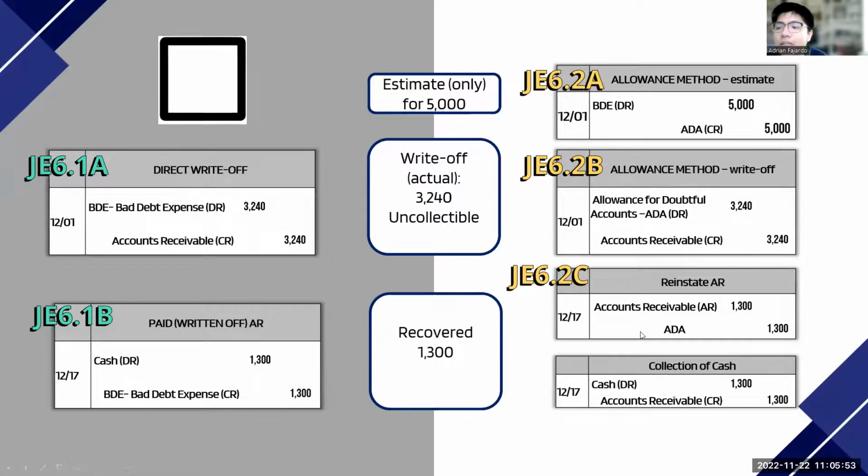Pero kay allowance method, never nagagalaw si BDE. Parang kapag nag-recover, ang gagalaw si ADA, kasi si BDE technically represented na siya under ADA. Kasi diba, nag-debit tayo ng 5,000, credit ADA, and then si ADA na lang yung maa-affect. So yun yung important nuance sa allowance method.